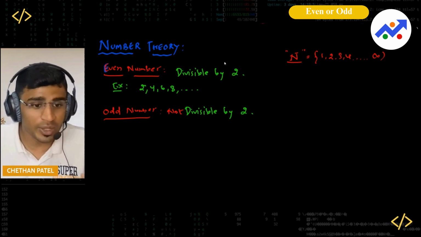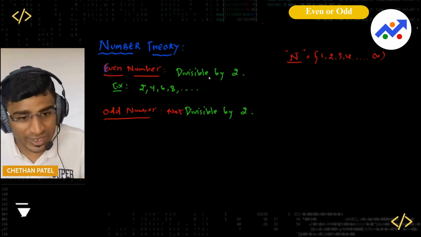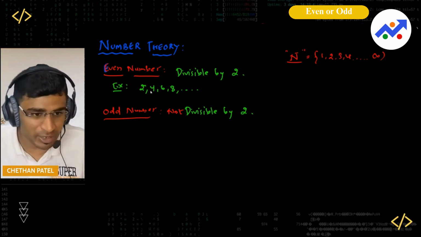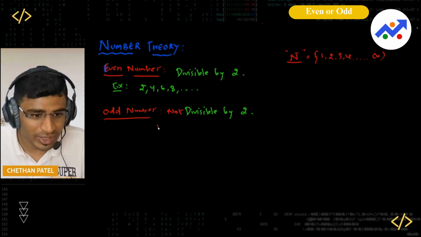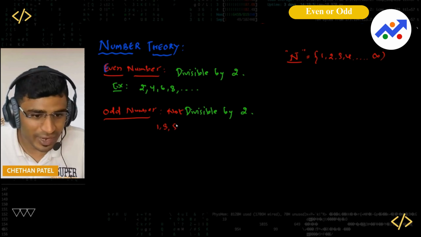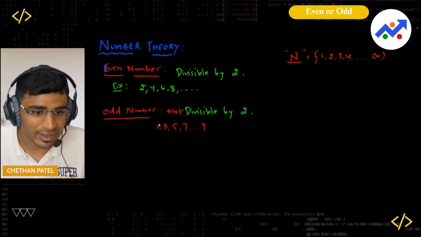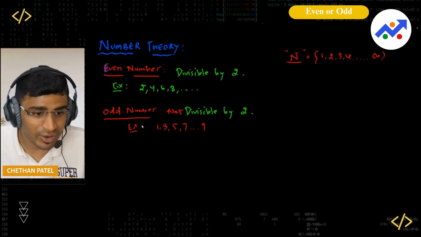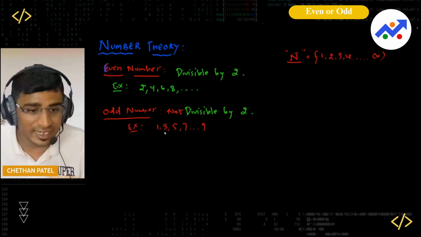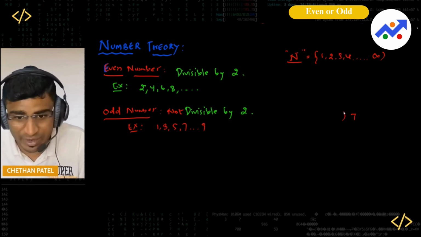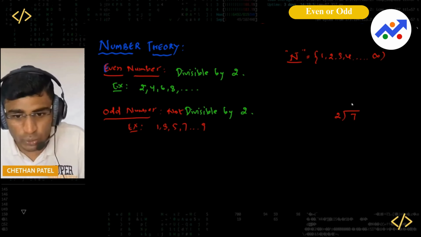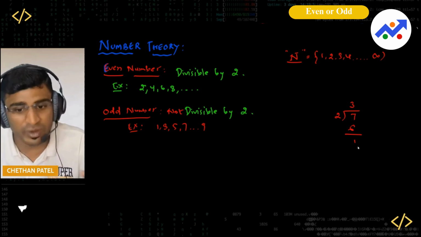If the even numbers divisible by 2 are 2, 4, 6, 8, what are the missing ones? 1, 3, 5, 7 and 9. These numbers are called odd numbers, because they are not exactly divisible by 2. Suppose I take 7 and divide it by 2: 2 threes are 6, and every time we will get 1 as the remainder.